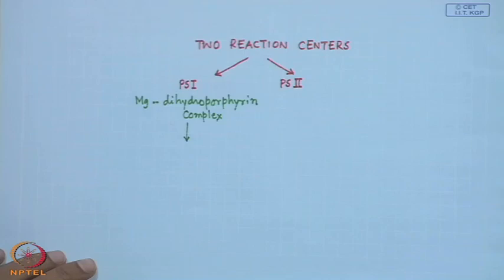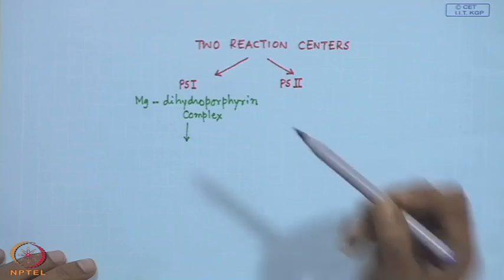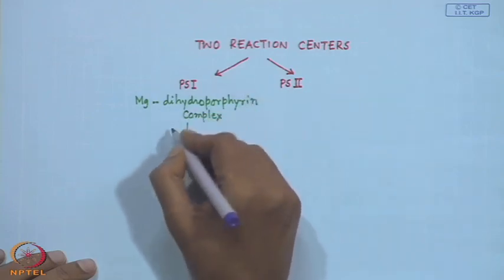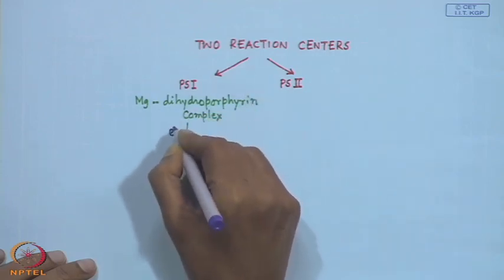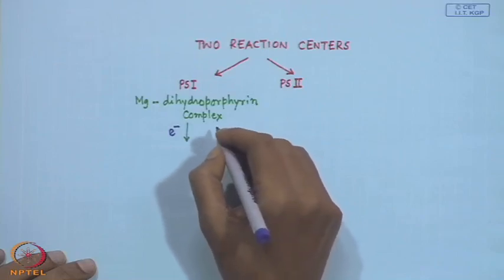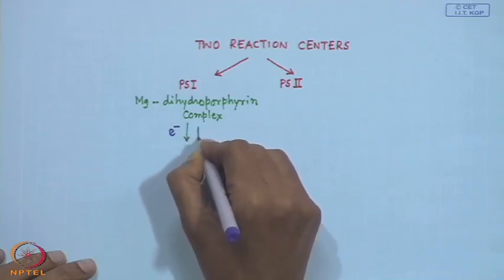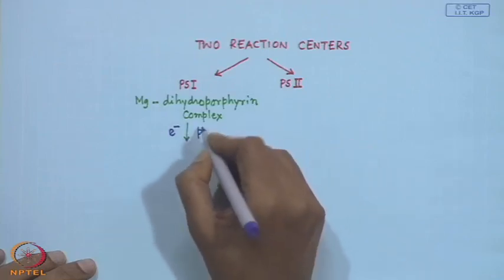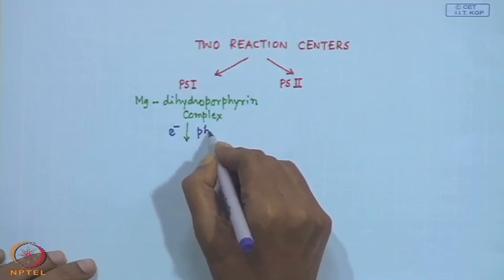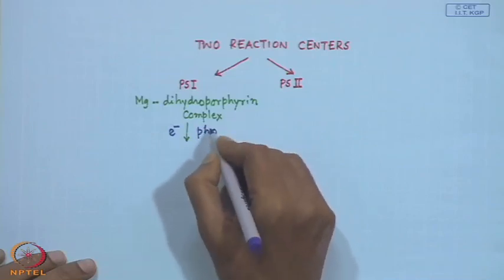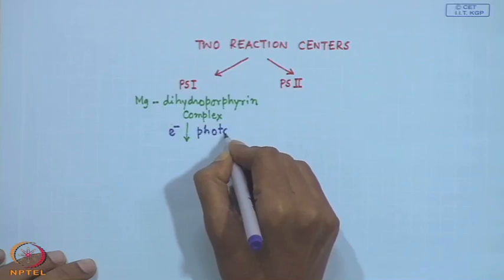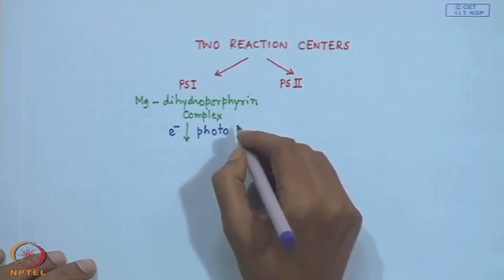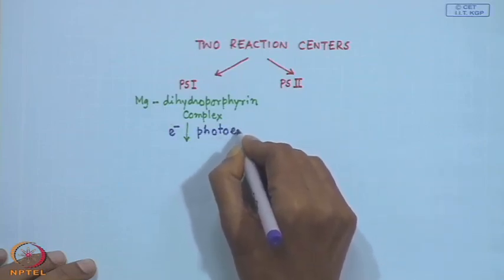We already accepted that photons are required, and we just want to transfer an electron to it. So, at this step we can consider it a photo excitation step. Photons are required for the excitation.